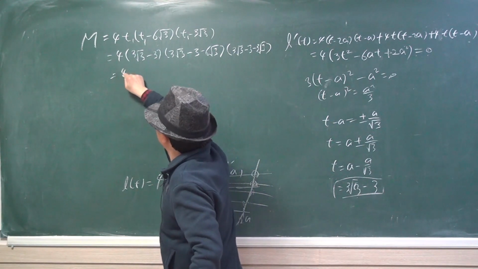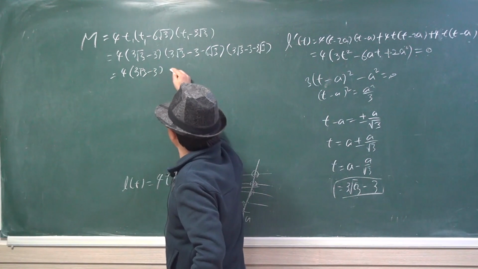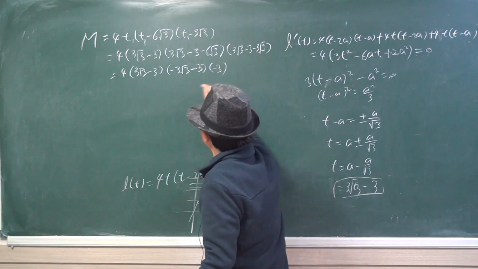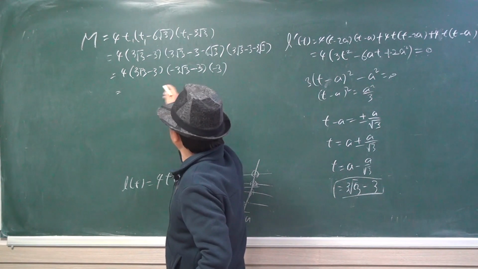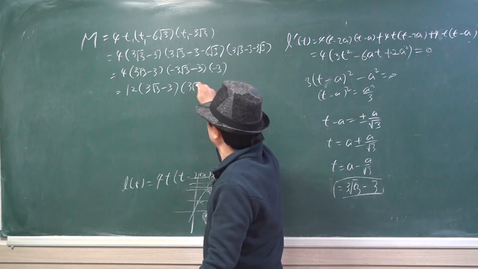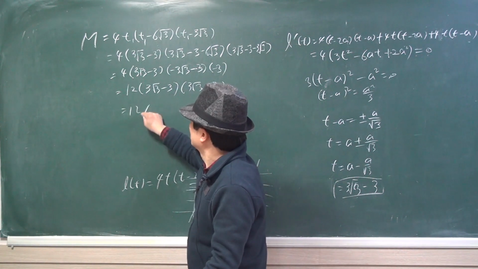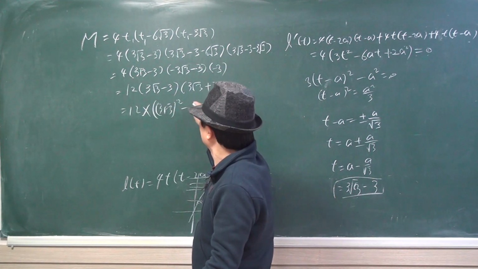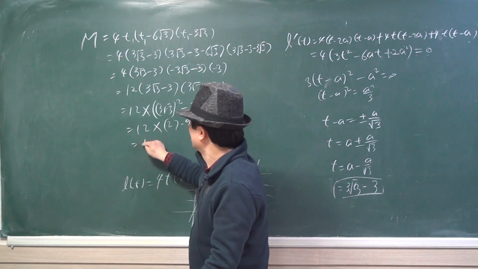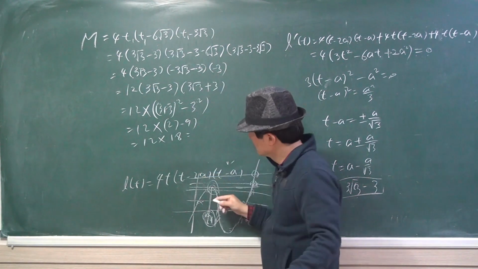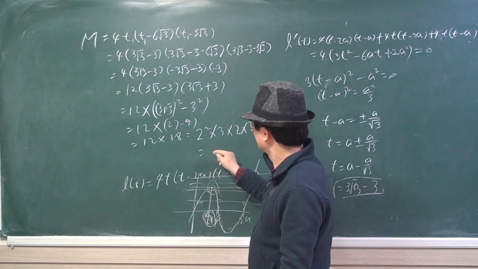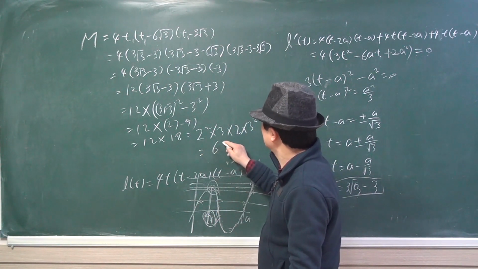So 4 and 12 times. Finally, this is 6 cubed.